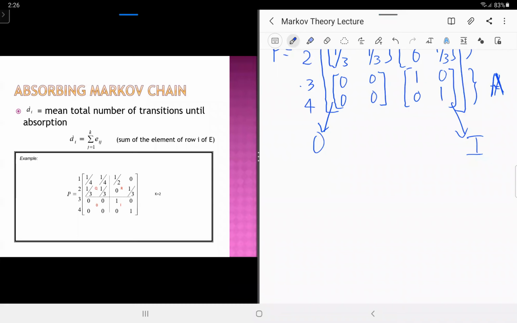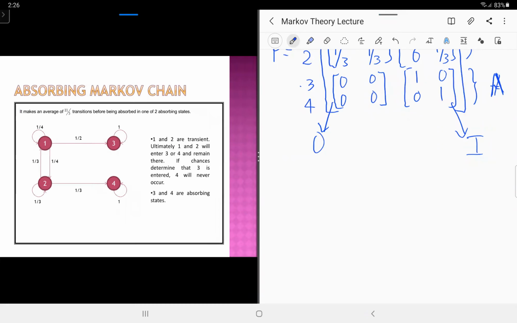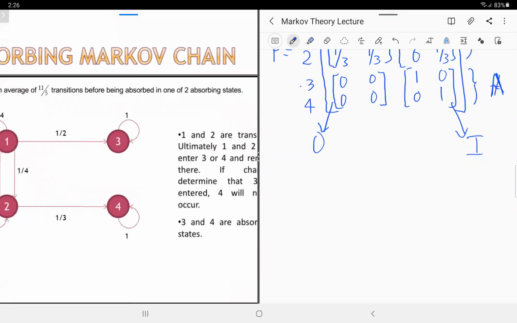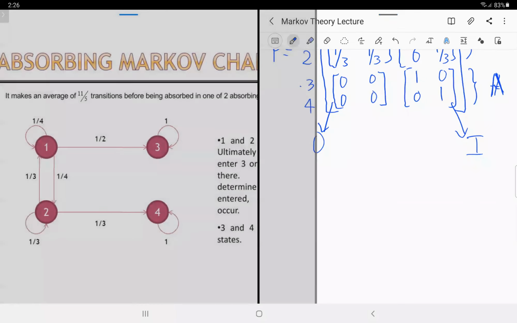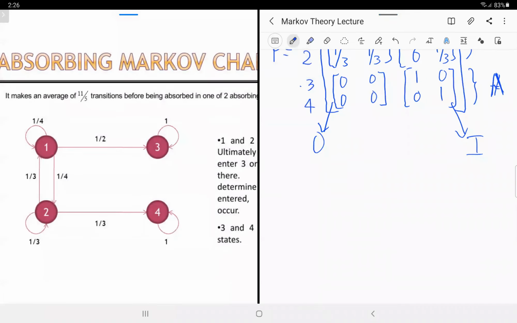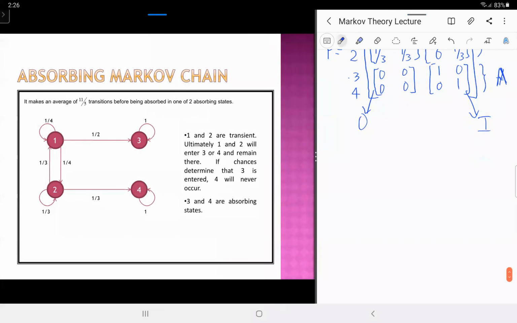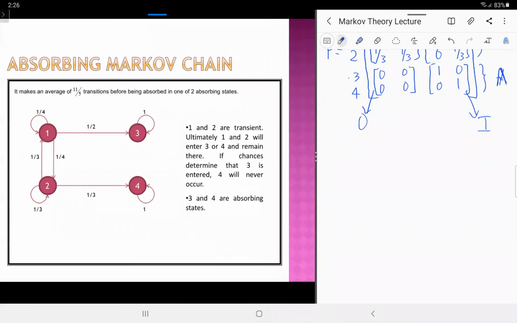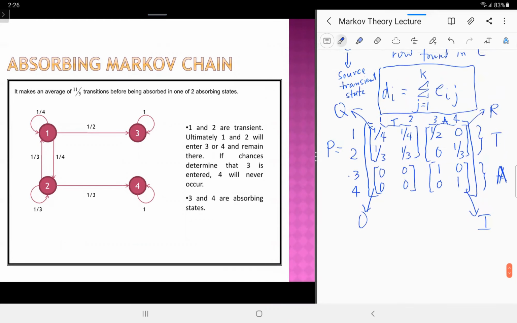For you to understand this matrix, let's look at this diagram. If I put this transition matrix into a transition diagram, you will see that state 1 goes back to itself with a 1/4 probability.